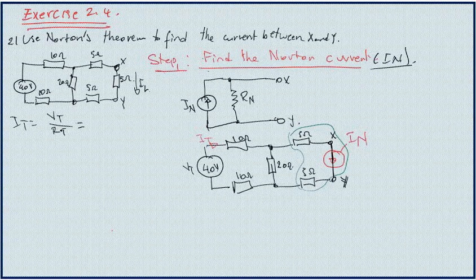The objective is to determine R total. How can I determine R total? If I look at these two resistors, they are in series. So the resistance of this entire block will be equal to 5 plus 5, because these two 5 are in series.